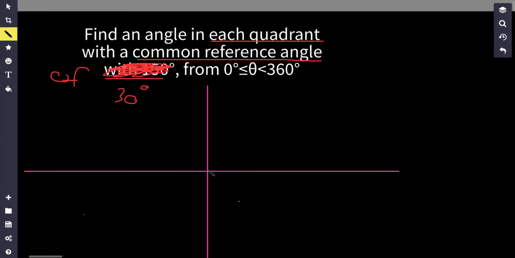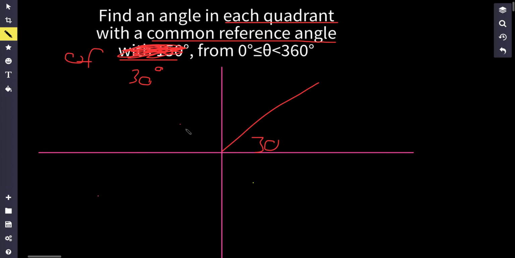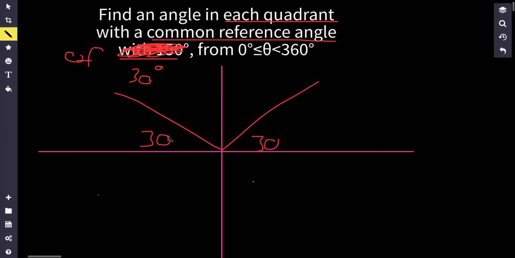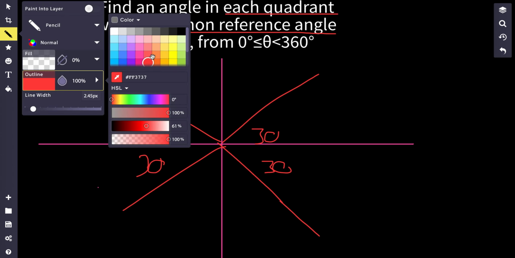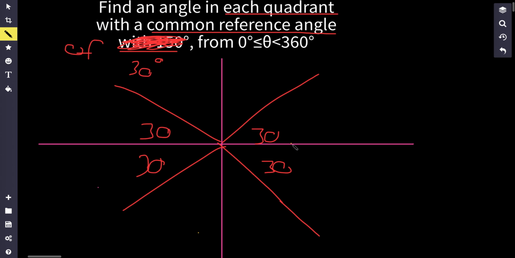Imagine each quadrant had a reference angle of 30 degrees, and we want to find the angle that creates that. For quadrant 1, the reference angle is just the angle itself, so it's 30.